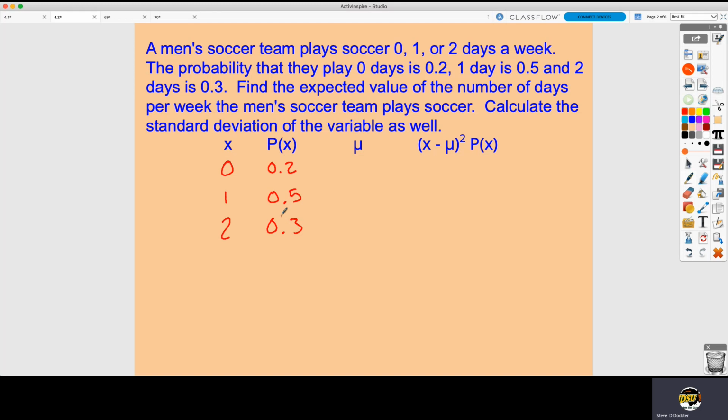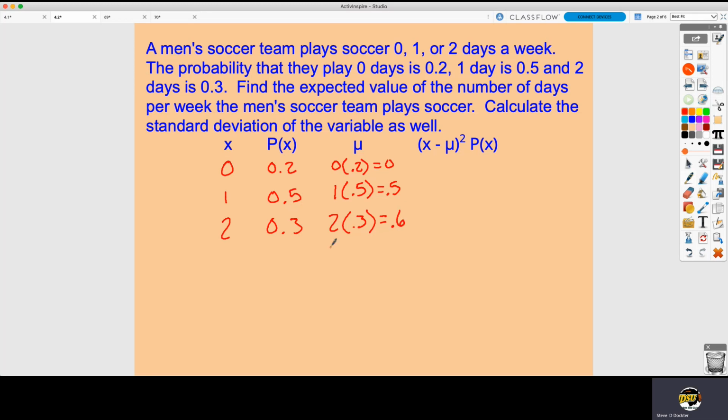Now, to find our expected value here, what we're going to do is take 0 times 0.2 to get a 0 here, 1 times 0.5 to get a 0.5, and 2 times 0.3 to get a 0.6.